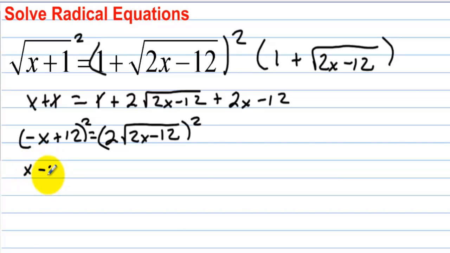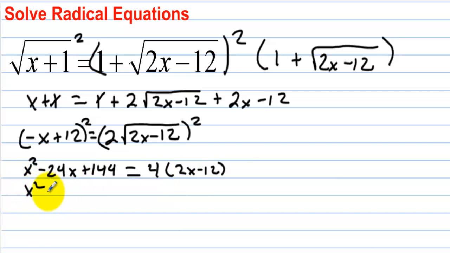So we have x squared minus 24x, and then plus 144, and that's equal to 4 times 2x minus 12. Well, we have x squared minus 24x plus 144 is equal to 8x minus 48.